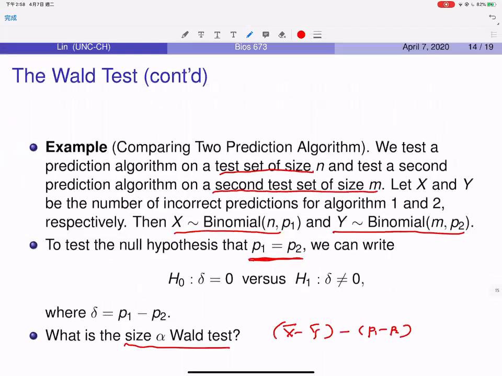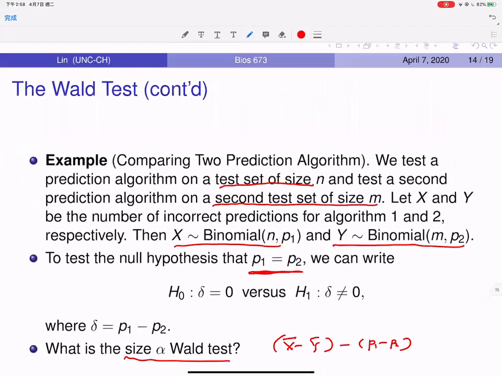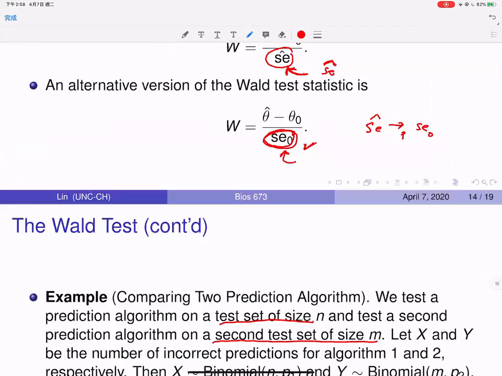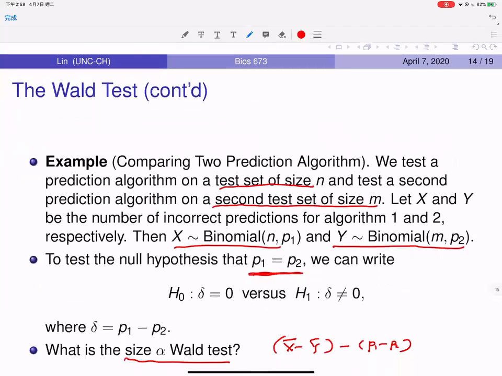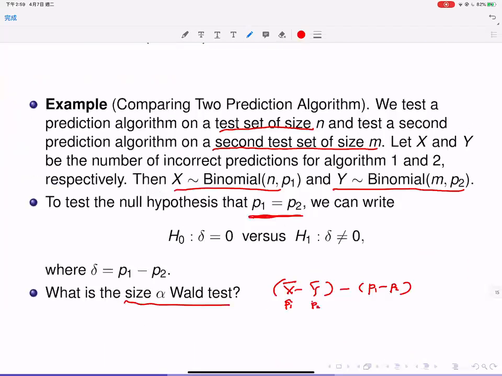Going back to this, theta hat minus theta 0, theta hat, P1 hat minus P2 hat, then minus P1 minus P2. Of course, under the null hypothesis, this equals 0. Then divided by the square root of the thing right here.